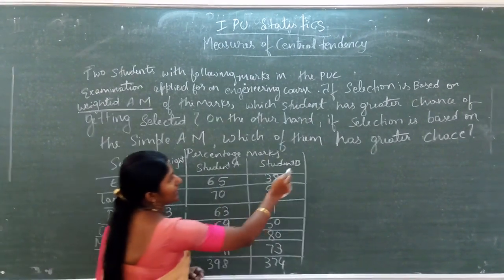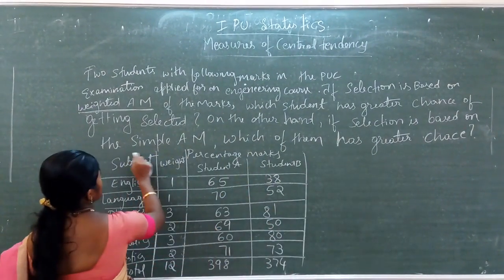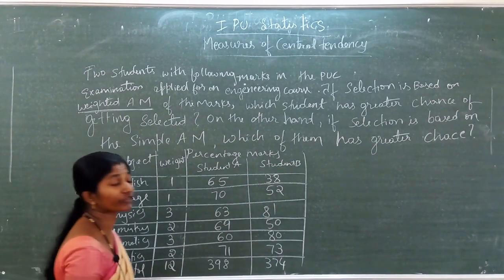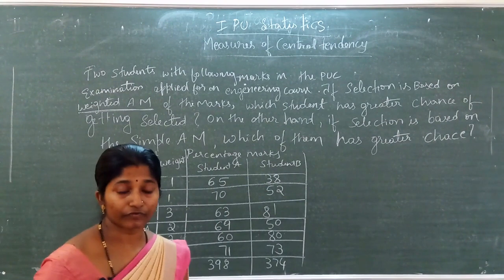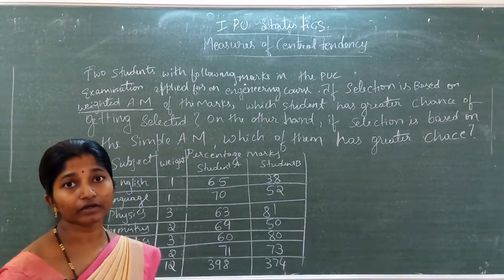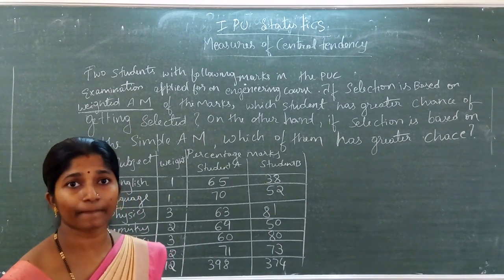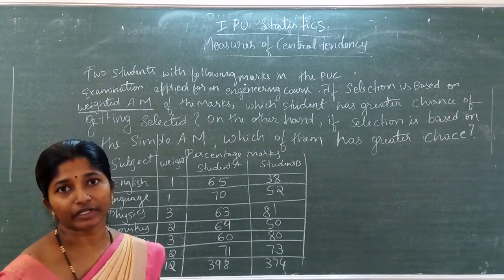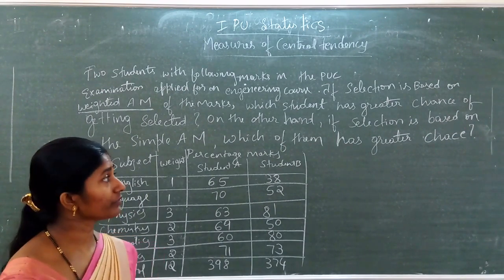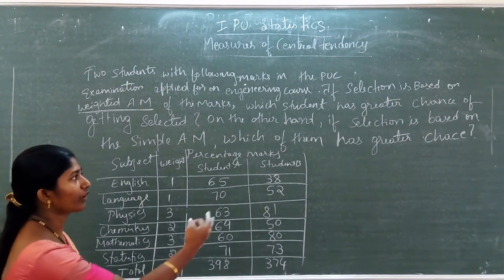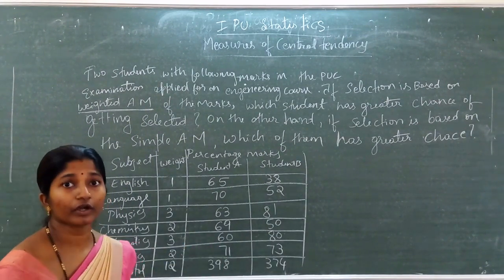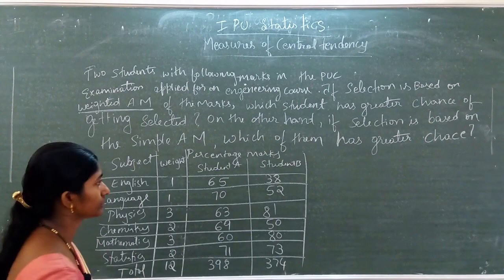On the other hand, if selection is based on the simple arithmetic mean, which of them has a greater chance? We will calculate that and afterwards compare.